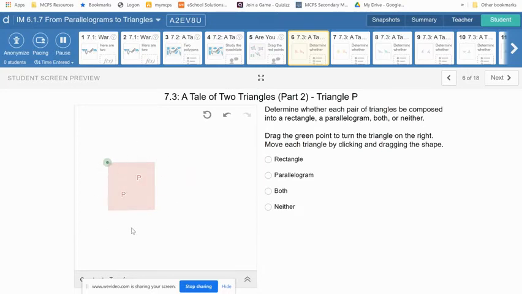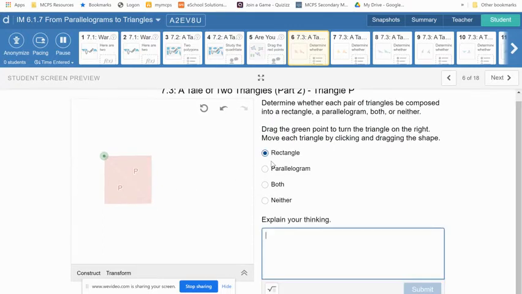And remember, it does look like a square. A square is a special rectangle. So that's why we can say a rectangle. Parallelogram, remember, is two sets of parallel lines, and that also has parallel lines. So we're going to say both.